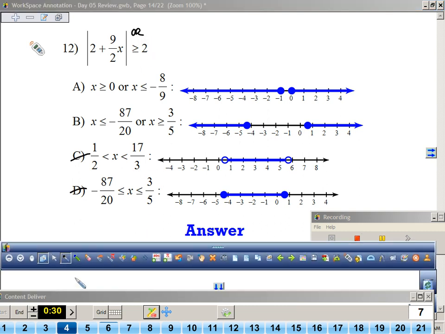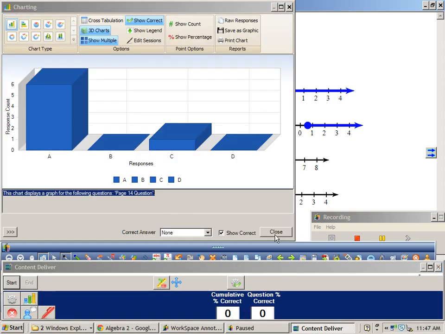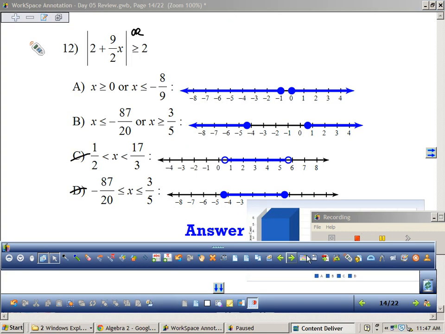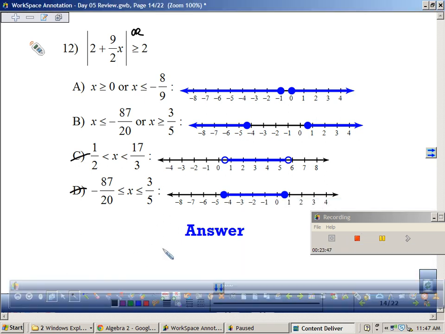Okay, let's see, for those of you that did put them in, what did you get? All right, so I cannot isolate, so I just have to rewrite, correct?